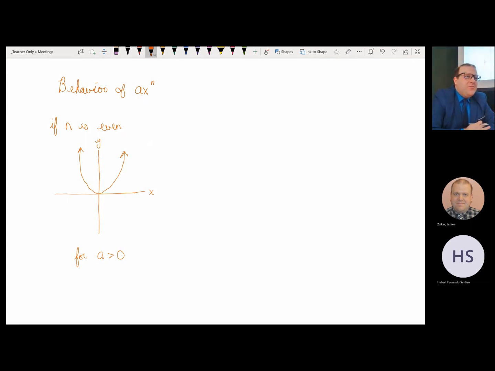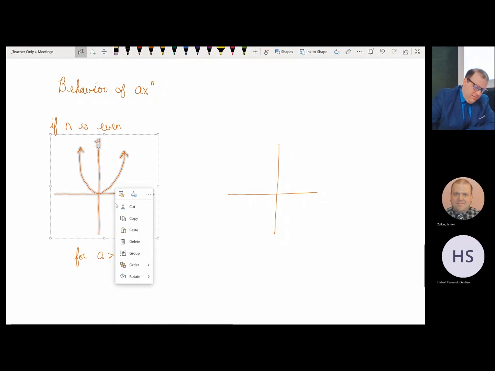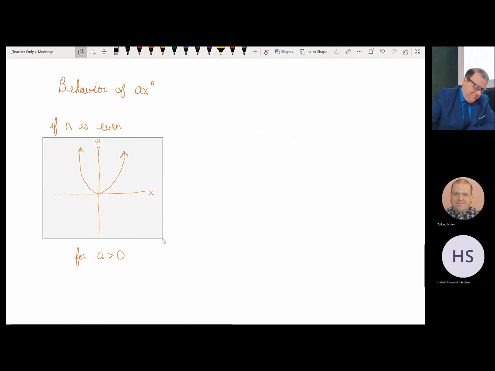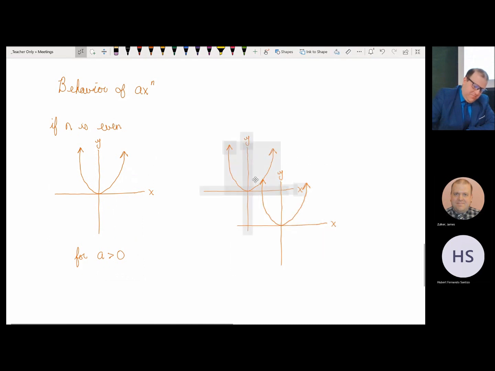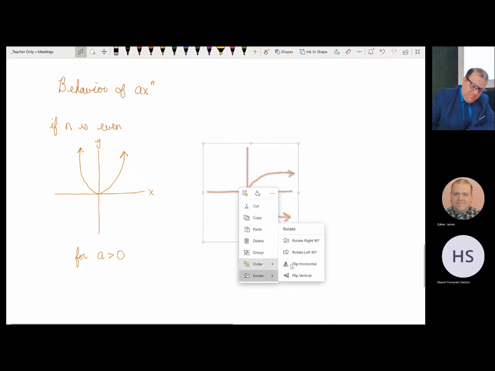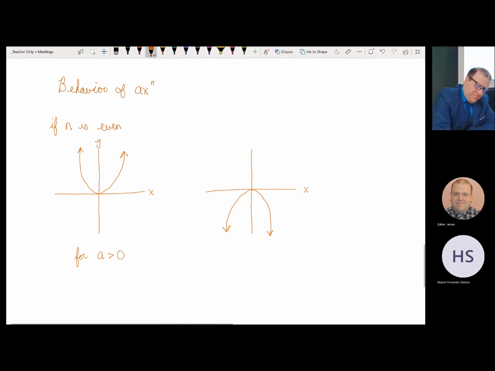This is if a is greater than 0, and n is an even power.